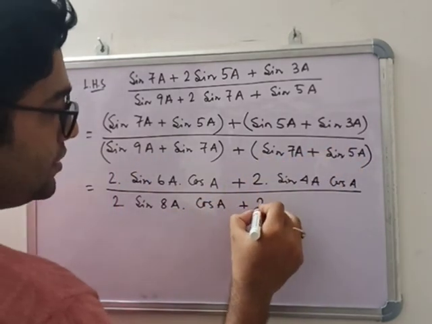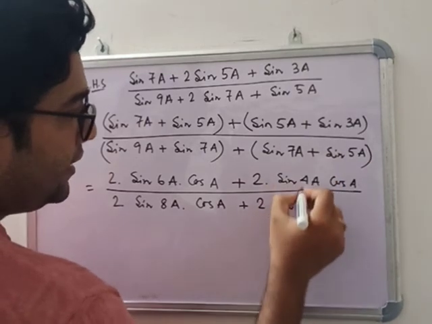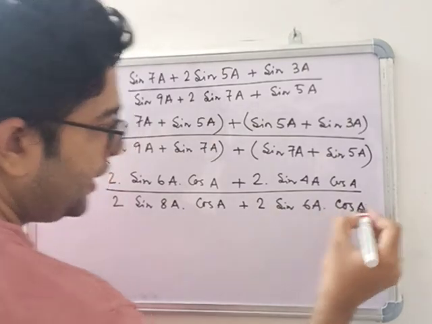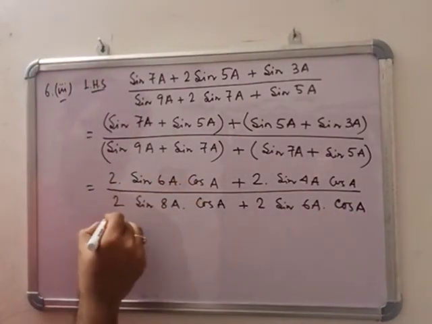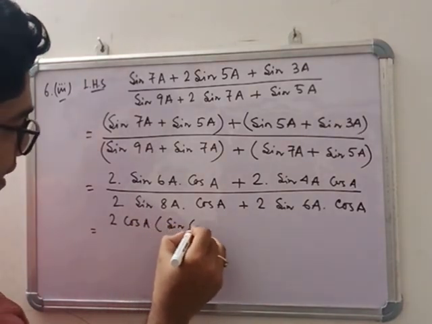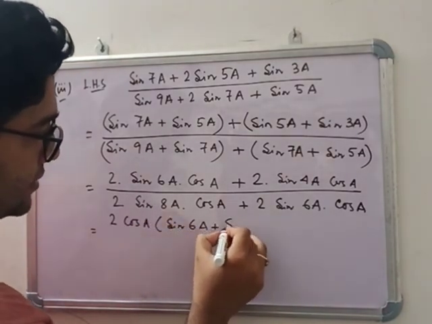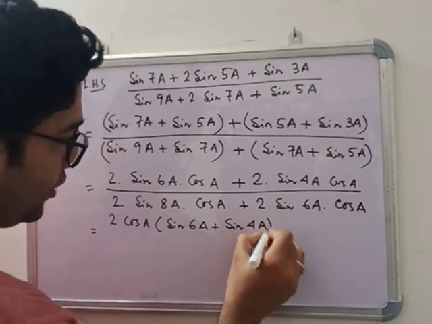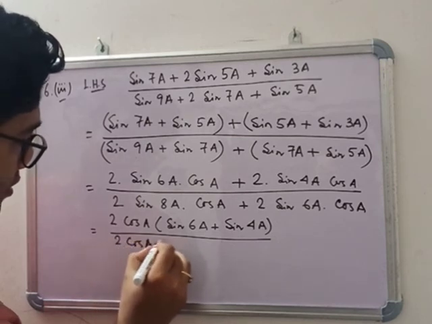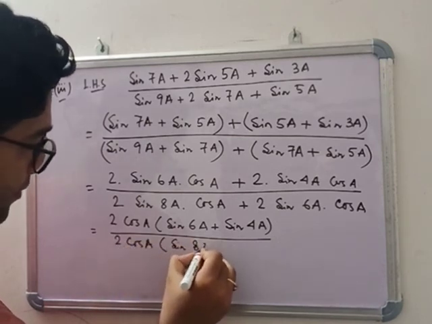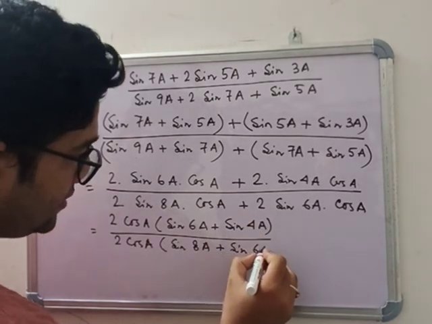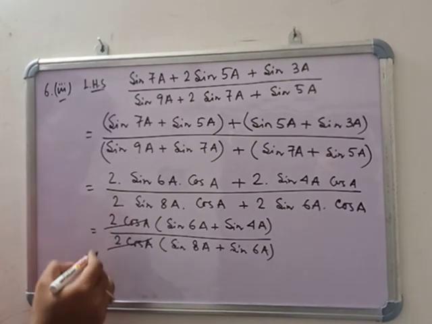Similarly plus 2 sin 6A into cos A. So 2 cos A common from numerator and denominator. Then we get sin 6A plus sin 4A by sin 8A plus sin 6A. So this part is cancelled.